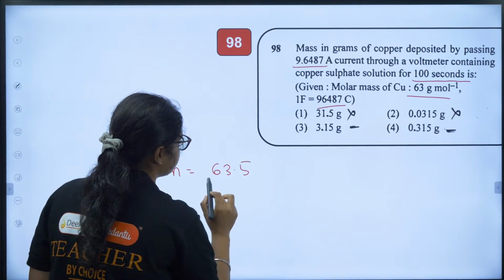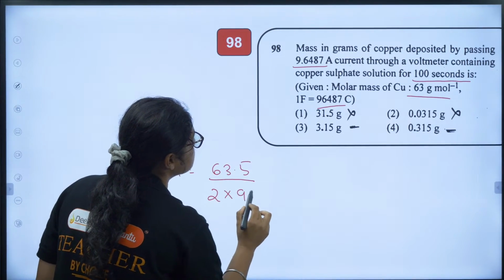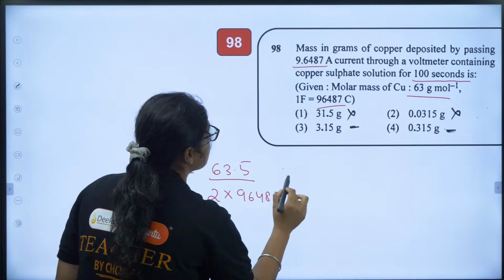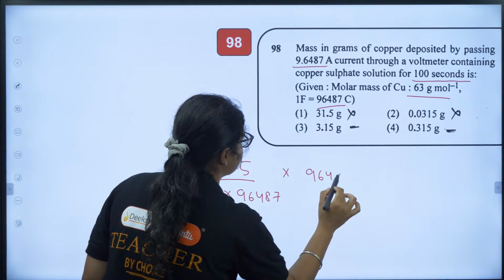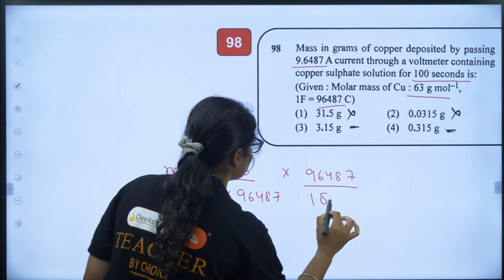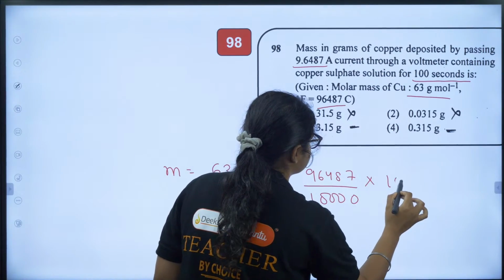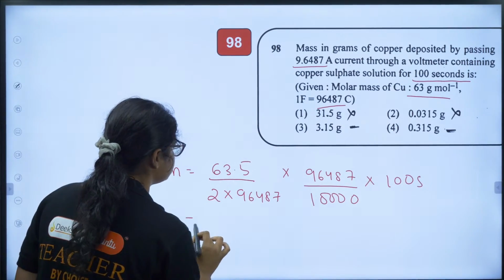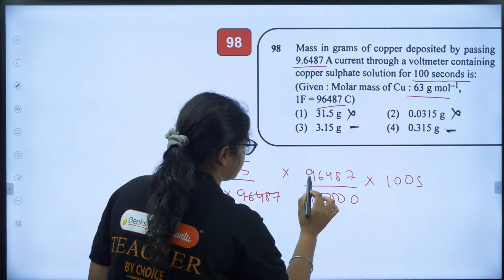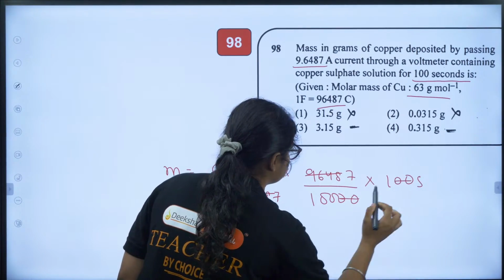So 63.5 by 2 into 96487, current is 9.6487, into time given as 100 seconds, right? Once you solve this, we can cancel this one, and then we can cancel this one also.